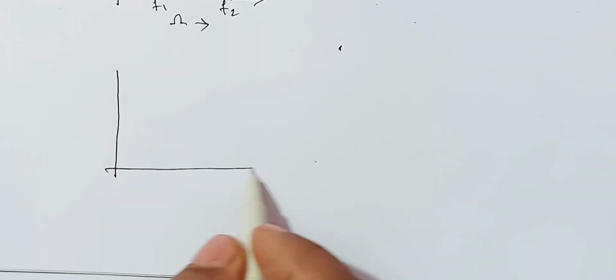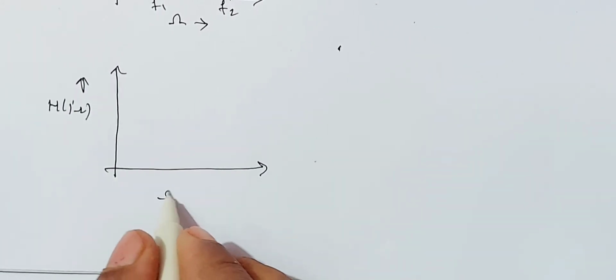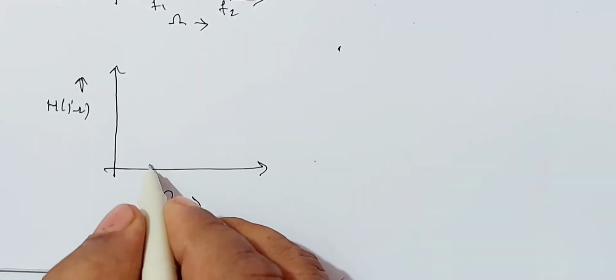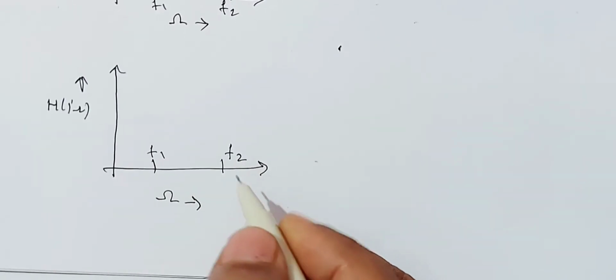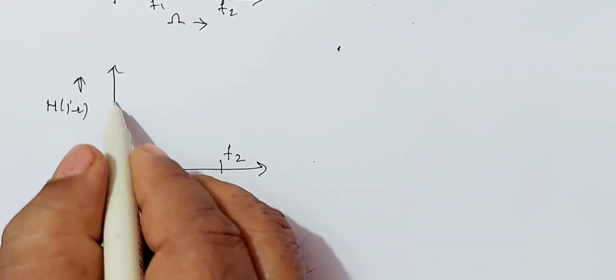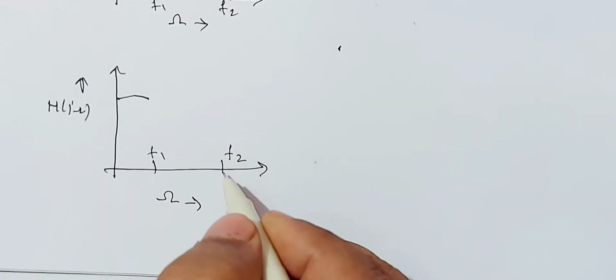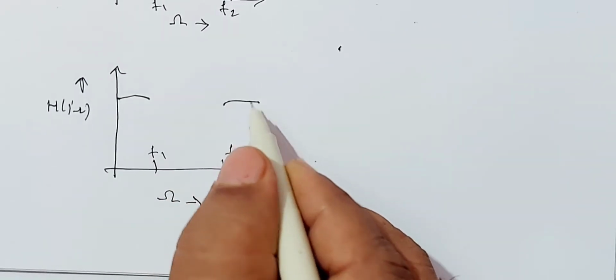You have another type of analog filter. See, in this analog filter, H of j omega is along y-axis, omega along x-axis. See, up to certain frequency f1 and after certain higher frequency f2. Up to f1 you get a pass band. After f2 you get a pass band.